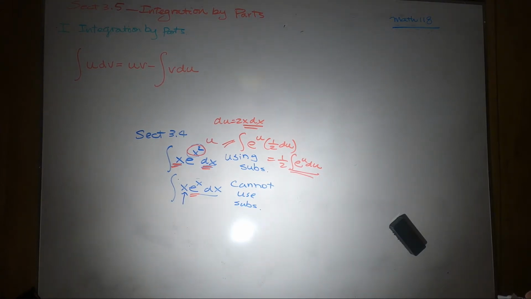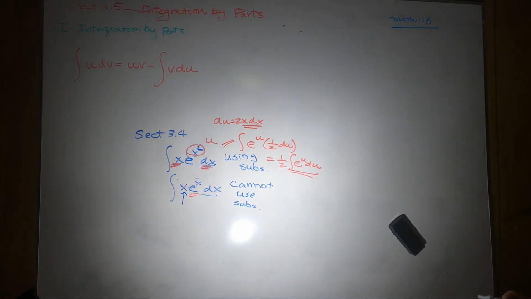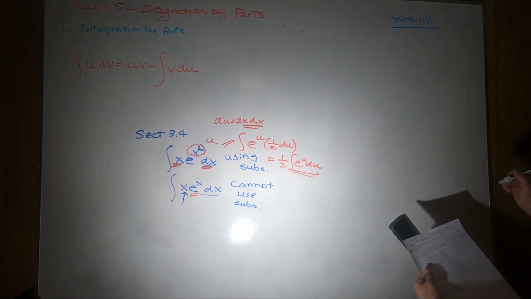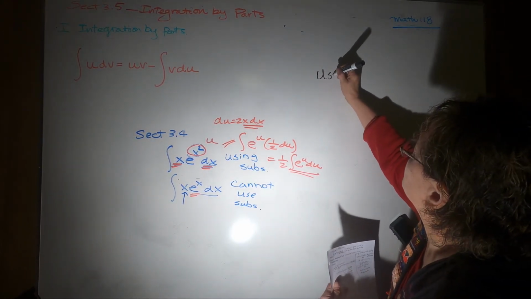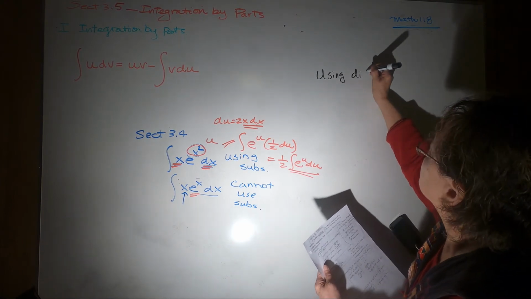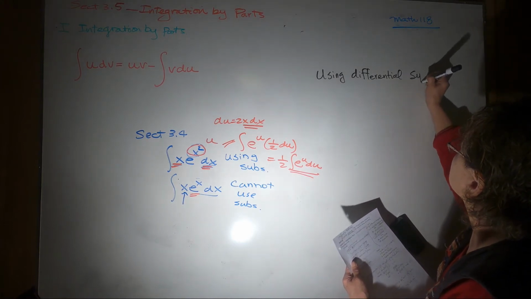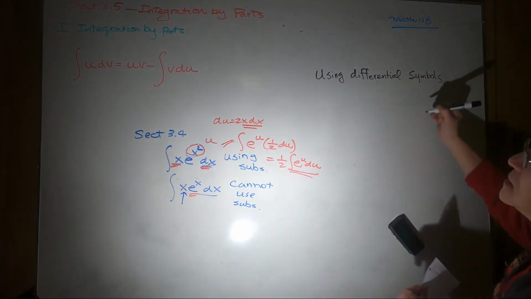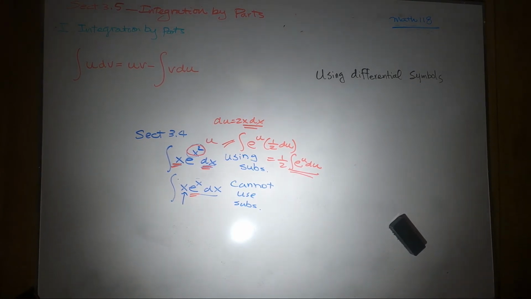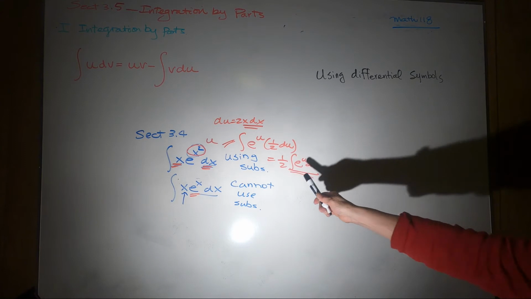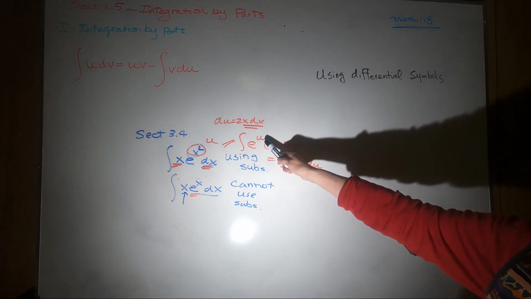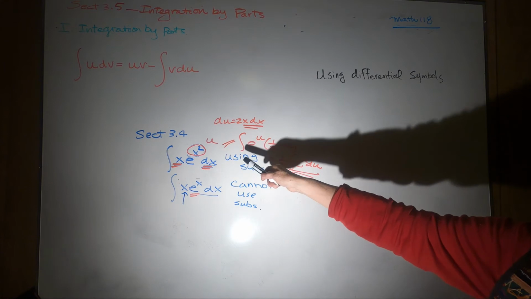We have to use different thinking and different symbols called what? We are going to use the differential symbols to help us do this. That means we use a different kind of tools for these advanced skills. So like here, we just use one u to substitute in, then that's fine.